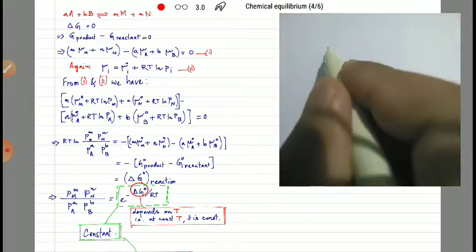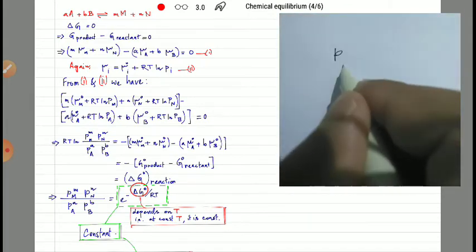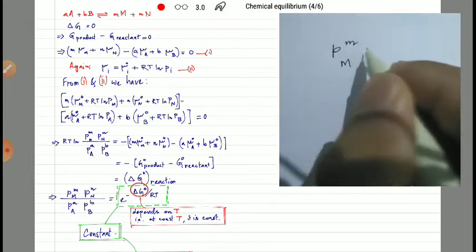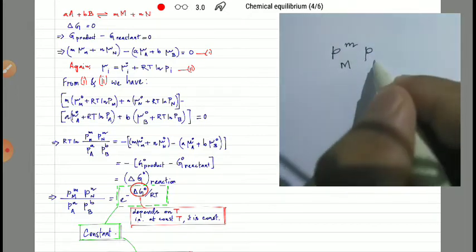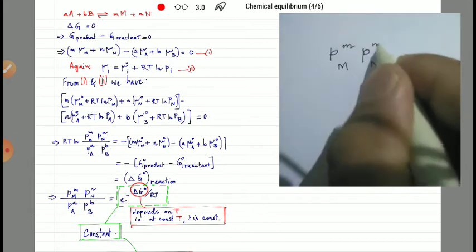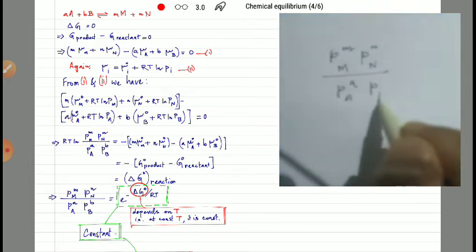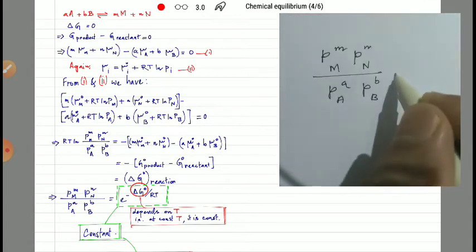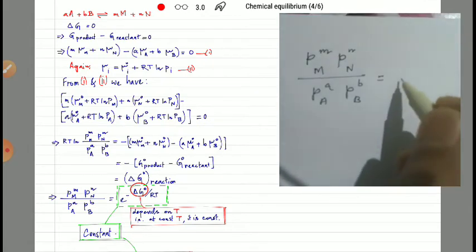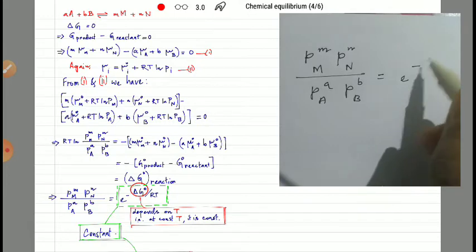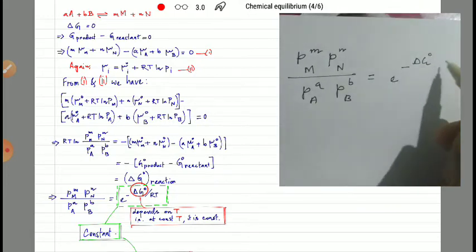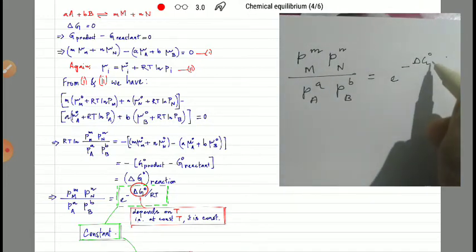So you have these relations: pm to the power m, pn to the power n divided by pa to the power a, pb to the power b is equal to e to the power minus del G naught reactions.